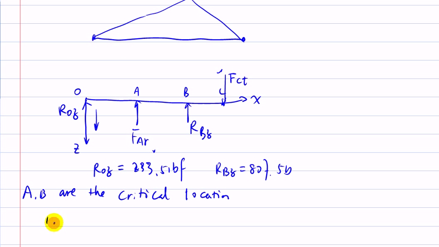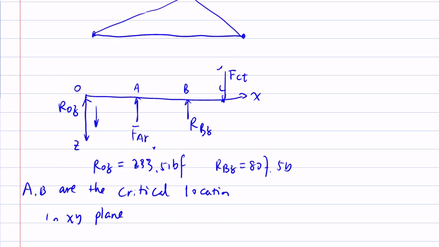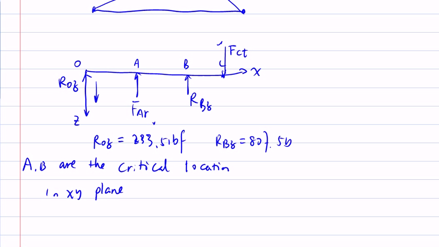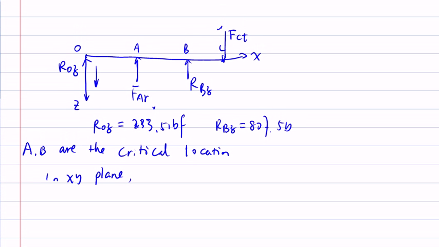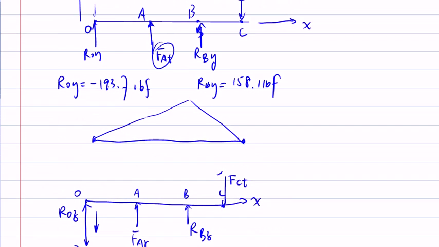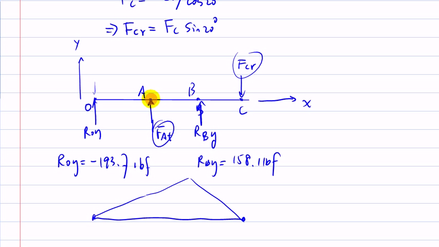So in the XY plane, without the bending moment diagram, you can still calculate. Remember, as I mentioned in class, if I want to know the bending moment at the A location, all I need to do is, basically, MA here is going to be in the Z direction.